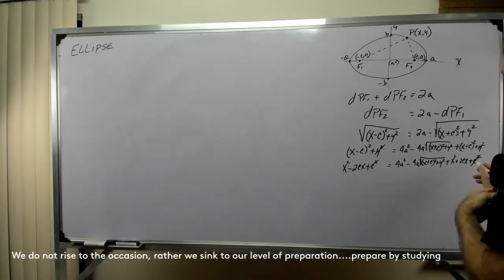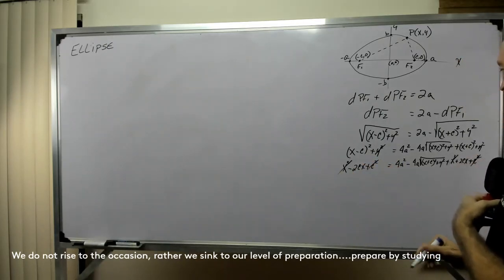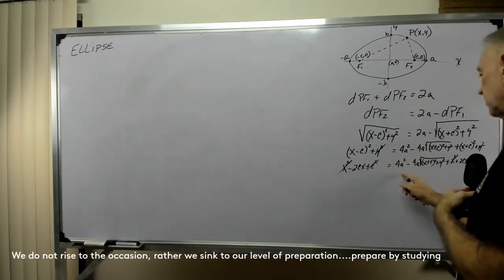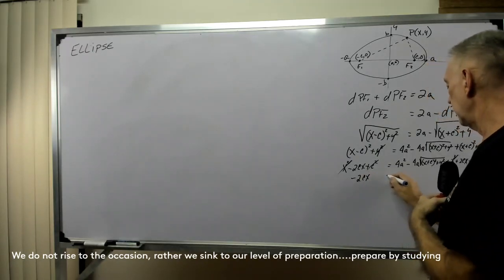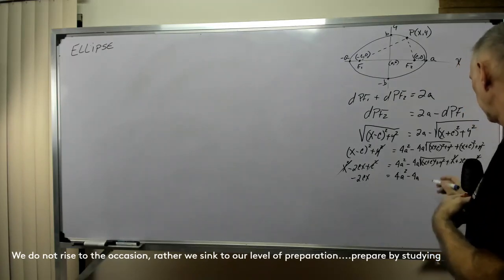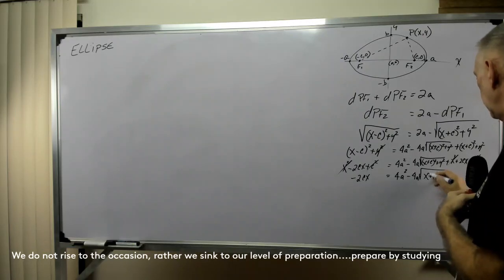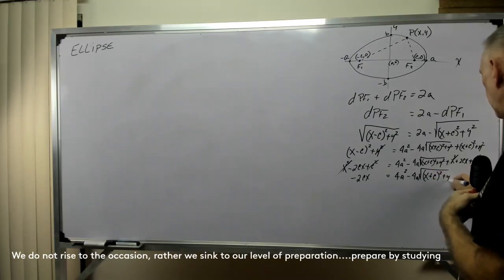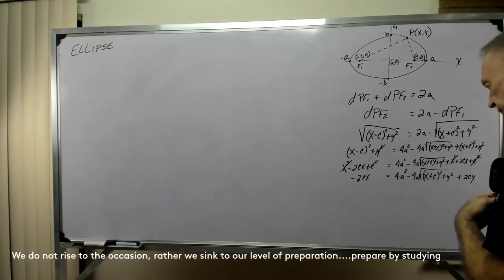What else can we do here? Oh, we can get rid of the x squared, subtract it out of both sides. So now that leaves me with negative 2cx equals 4a squared minus 4a times the square root of this guy, x plus c squared plus y squared, plus 2cx.